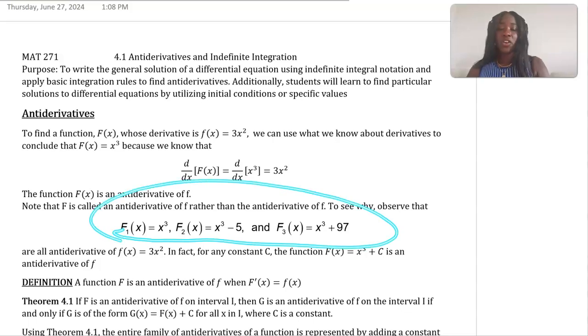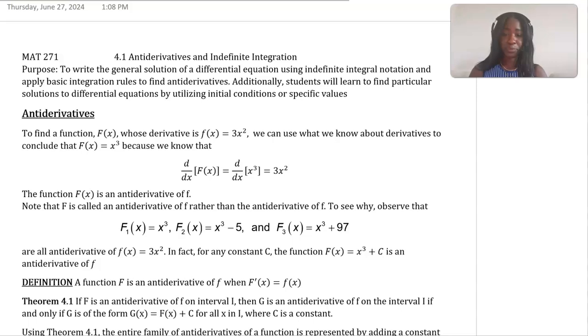So all of these functions are antiderivatives of 3x squared. In fact, I can pick any constant c, and the function x cubed plus c, I could choose the number pi, I could choose the number 101, any constant c, it's going to be an antiderivative of 3x squared.